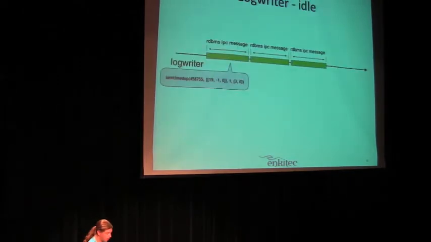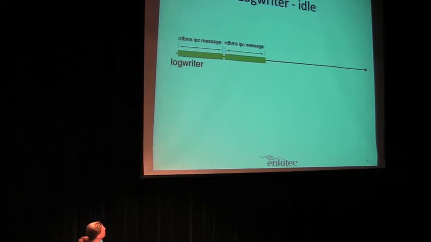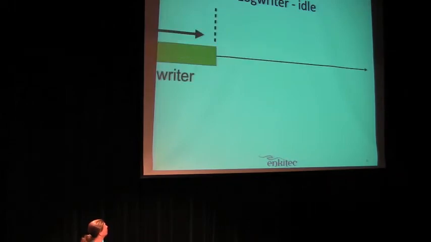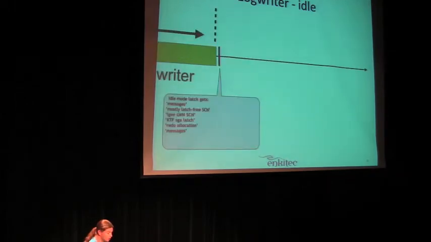So if you look at the log writer, when it's idle, it's waiting for an RDBMS IPC message, and then it gets signaled by a process that it needs to do something. If you look closely, you will see that it does some latch gets.